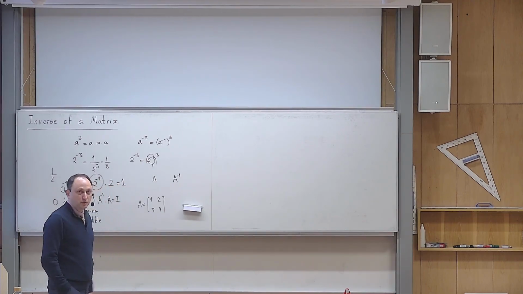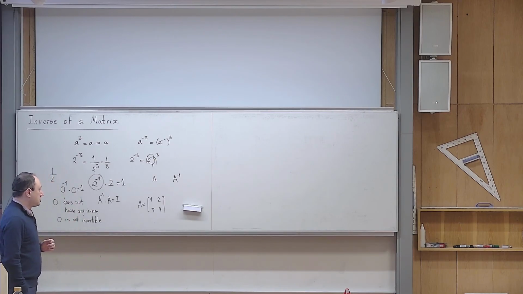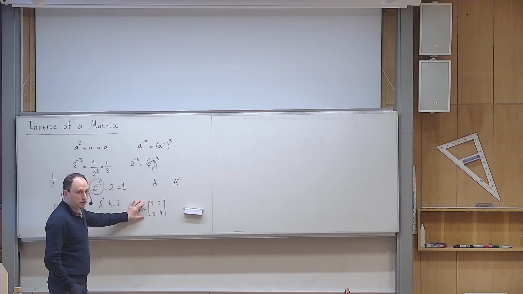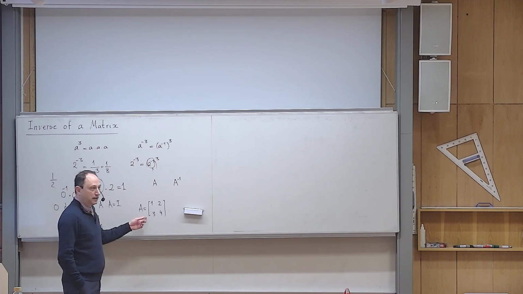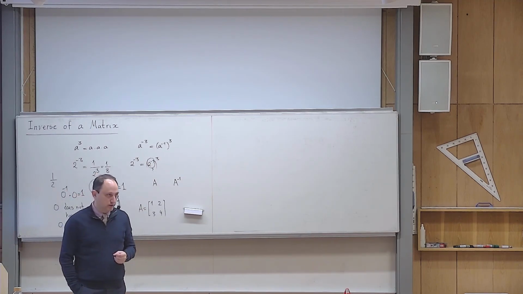So this is what I want you to understand. The question is not that simple to answer. It's not as simple as in the numbers, okay? So the question is this: if I give you a square matrix of any order, 2 by 2, 3 by 3, 4 by 4, is it always possible that we can find a matrix which, multiplied by A, gives you the identity matrix? So that is the question.